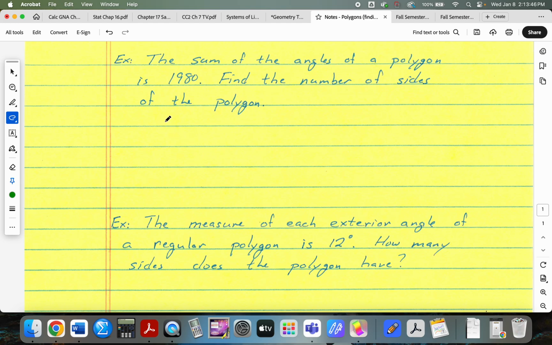All right, so we know that the angle sum, notice it didn't say exterior, so it's just the angle sum. The formula is n minus 2 times 180. It tells me the angle sum is 1,980, so I'm going to put that in the place of the angle sum. 1,980 is equal to n minus 2 times 180.